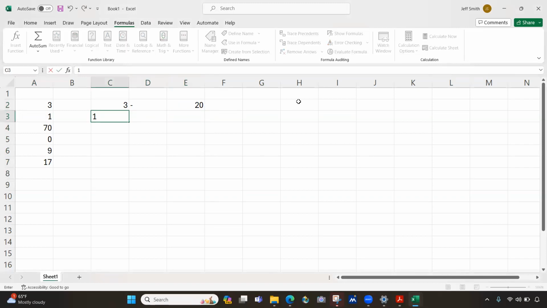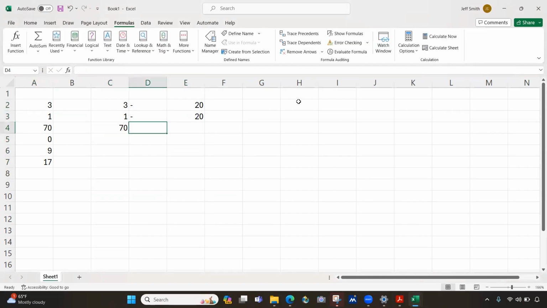So we'll fix it. 3 minus 20, your arithmetic mean. Then you're going to do 1 minus 20. Then you're going to do 70 minus 20. Subtract the arithmetic mean from each number.